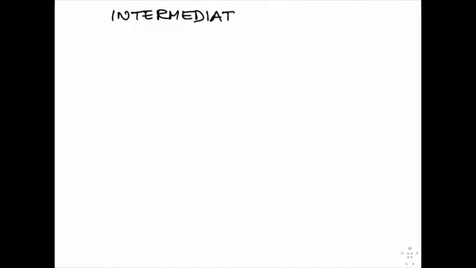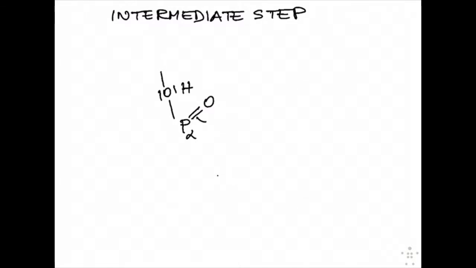You will notice that a pair of electrons are going to be moving to the alpha phosphorus atom, and at the same time, a pair of electrons from the double bond between the alpha phosphorus atom and the oxygen will be moving right here. So let me complete my drawing so everything makes sense.